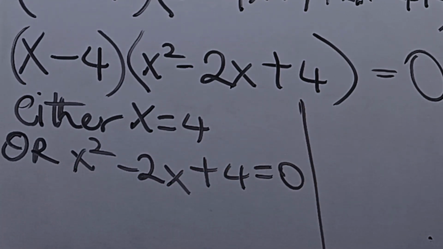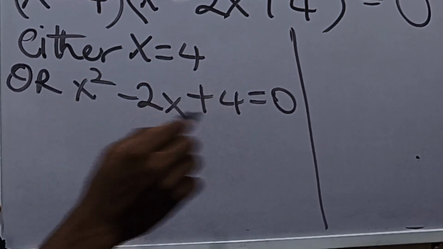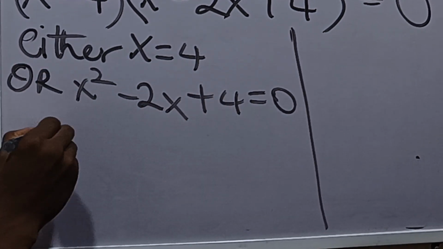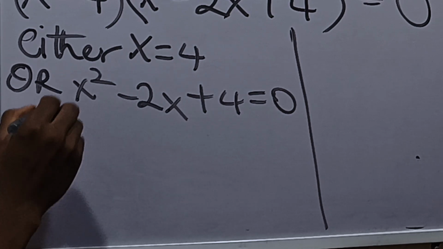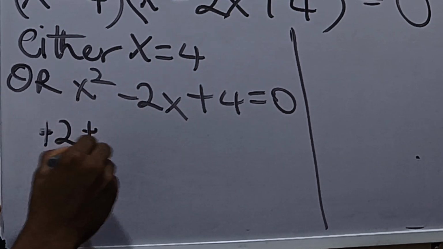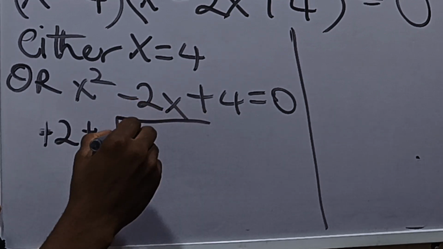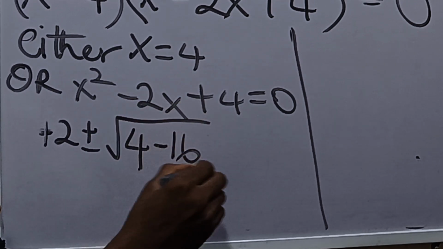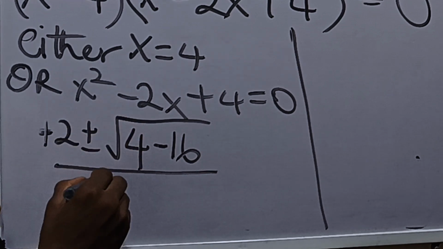Now from here we have, if x^2 − 2x + 4 is equal to 0, we use the quadratic formula again. So we have minus (−2) is plus 2, plus or minus the square root of 2 squared is 4, minus 4 times 4 is 16, all over 2 times 1 is 2.